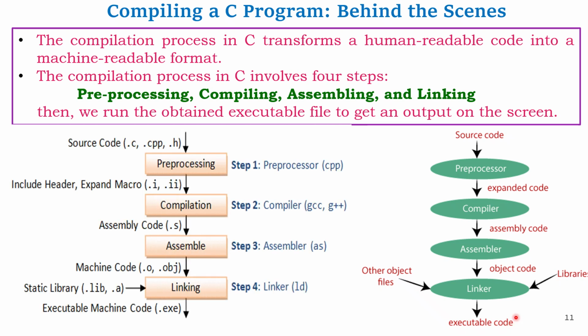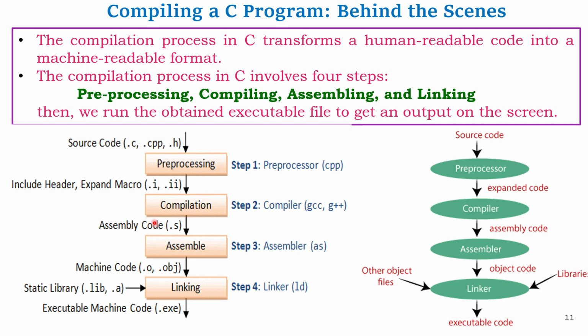The next diagram is similar to the one on the right, but the diagram on the left is just showing the extensions of the intermediate files which are created. In other words, the file created after the pre-processing step has an extension .i or .ii.